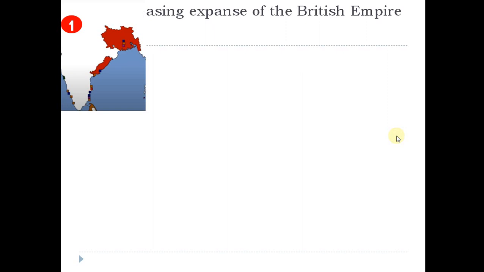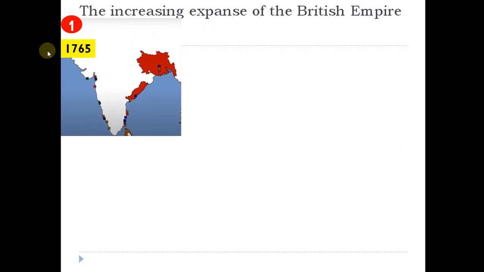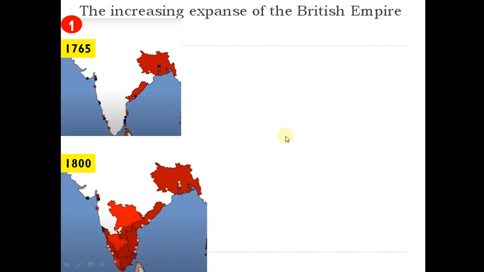Here we can see that in 1765, the English were able to bring this part of territory, Bengal, some parts of Orissa, Bihar, Bangladesh as well, and a coastal strip of Orissa under their control. By 1800, this control expanded, covering large parts of the Indian peninsula, almost the whole of South India.